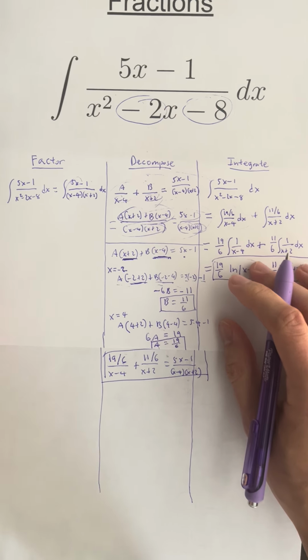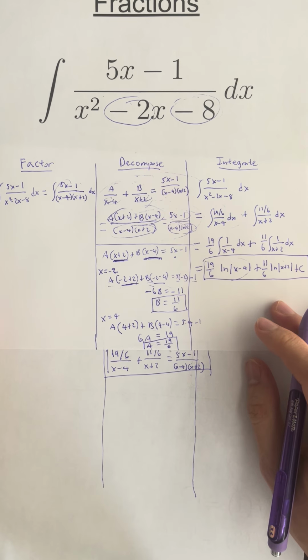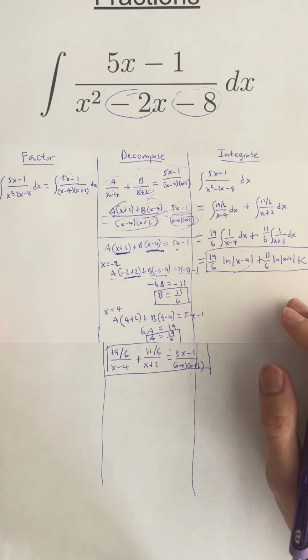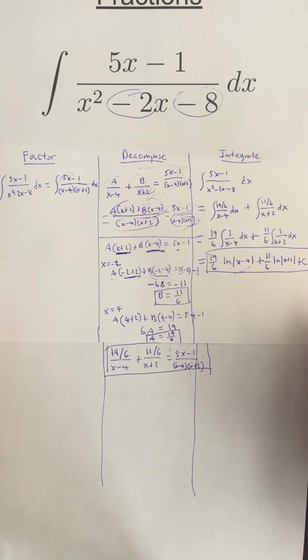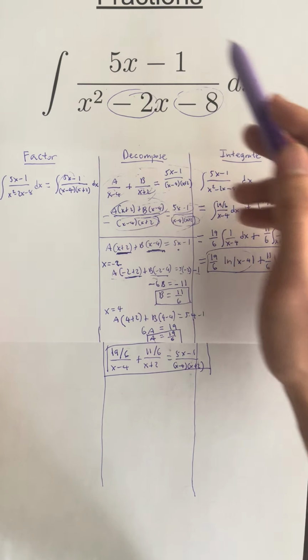Okay. So, to summarize, what were the 3 steps again for integration by partial fractions?